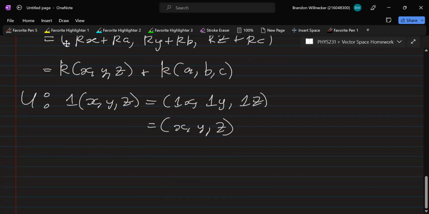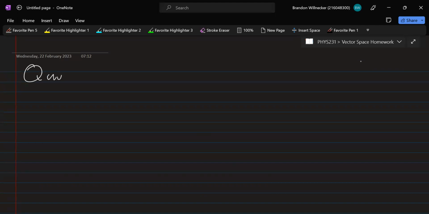Okay, let's have a look at question 2 and 3. So that was proving the uniqueness of the zero vector and the uniqueness of inverses. Okay, so question 2. Show that the zero vector is unique.